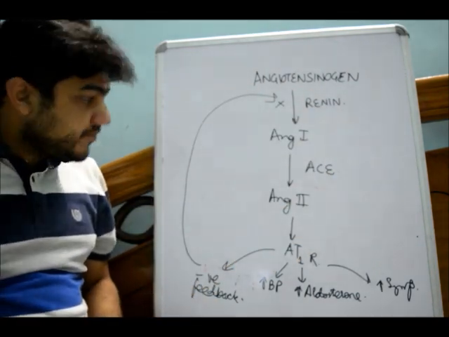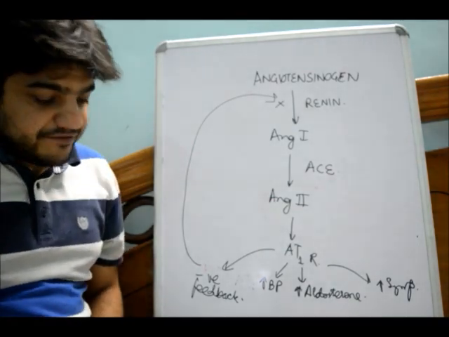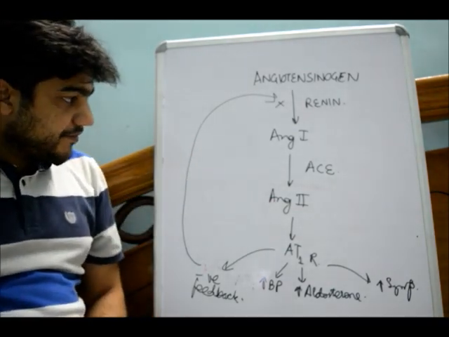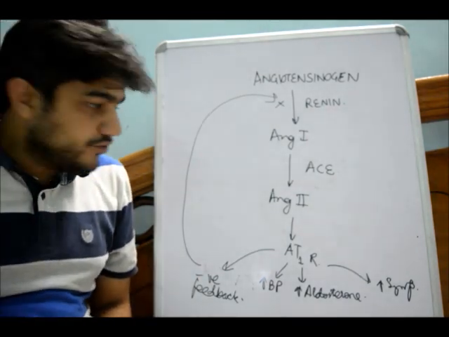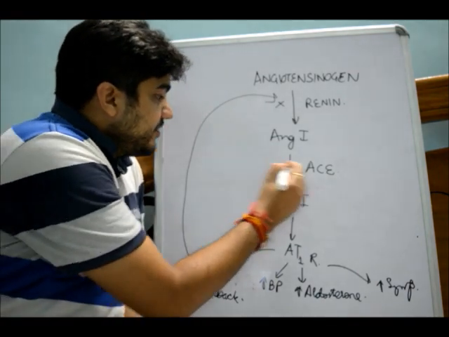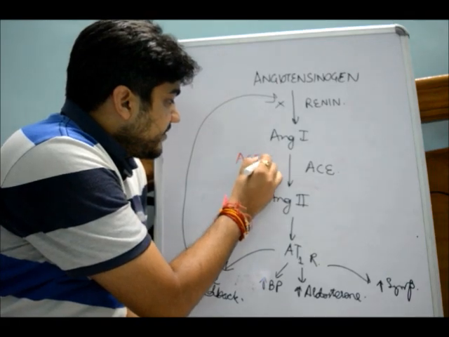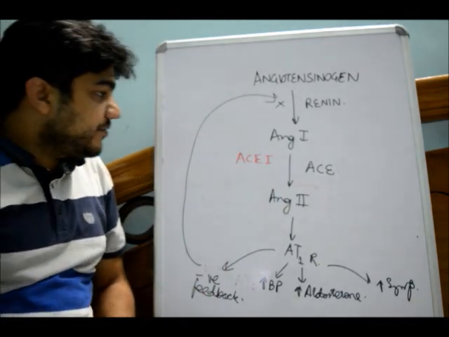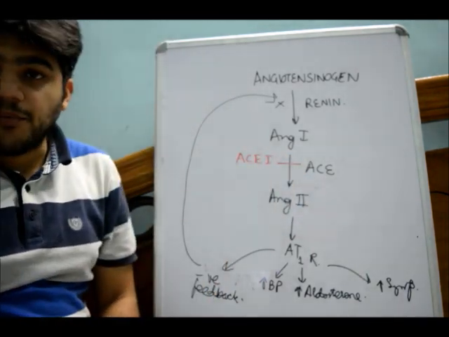Now how do the drugs affect here? The first drugs which were synthesized to control this were the ACE inhibitors, or you can write them as ACE-I. They block this step.